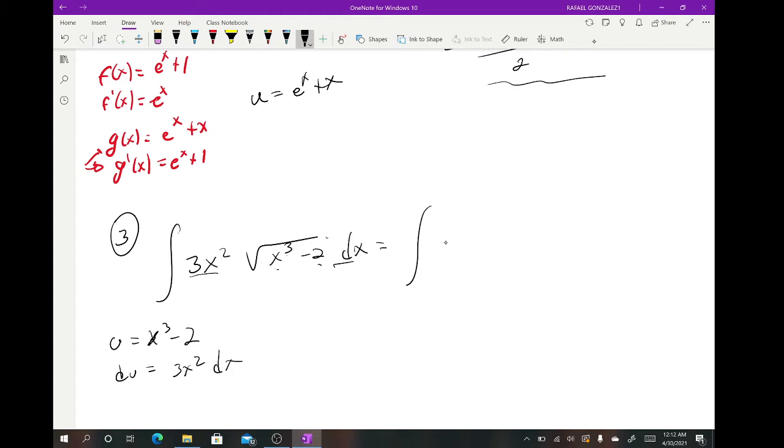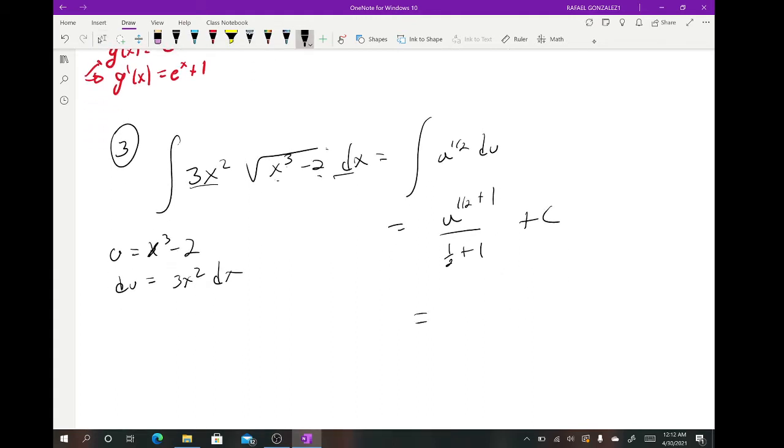So this is the integral of u to the power 1/2 du, which by our rule is equal to u to the 1/2 plus 1 divided by 1/2 plus 1, plus c, which is equal to u to the 3/2 times 2/3, plus c. And u was x cubed minus 2, so let's bring it in. This is (x cubed minus 2) to the 3/2 times 2/3, plus c.